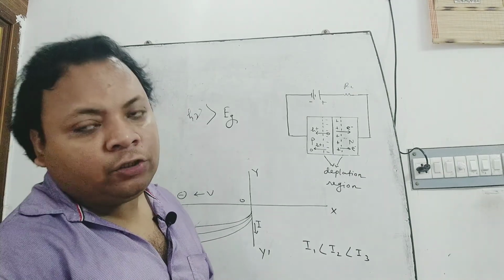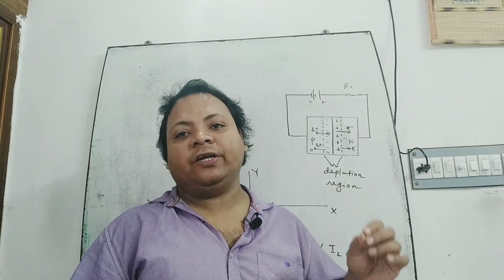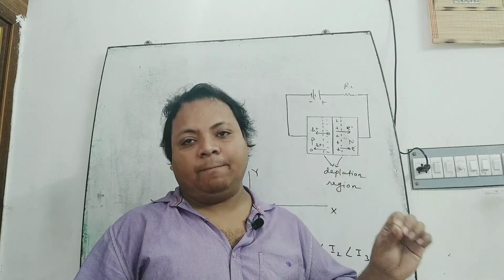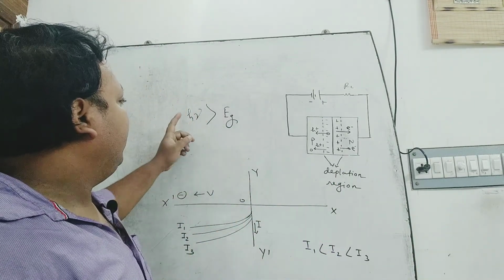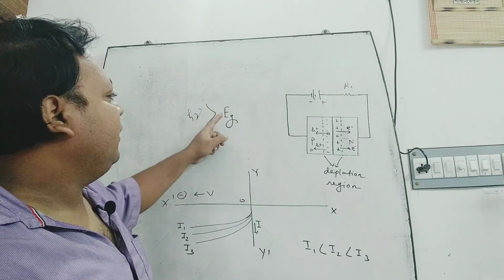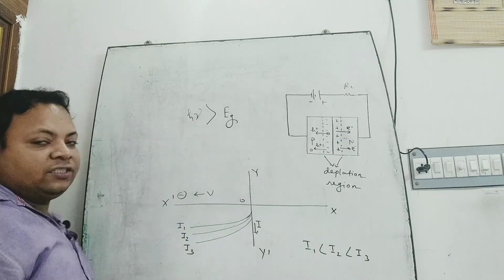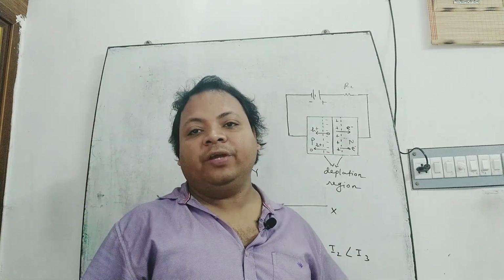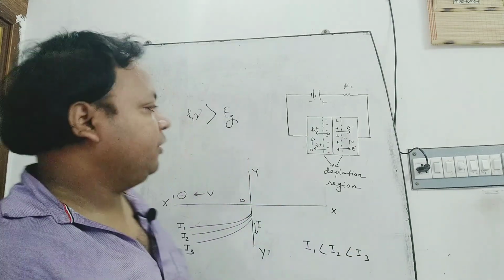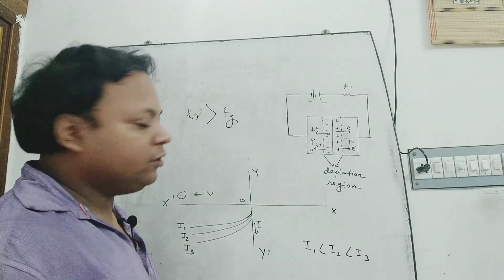Here, the energy of the incident photon must be greater than the energy gap, that is, h nu greater than Eg. Here, nu is the frequency of the incident light, and h is the Planck constant.